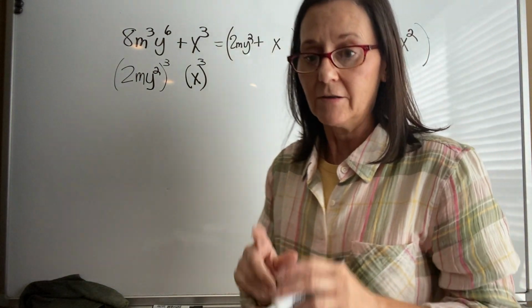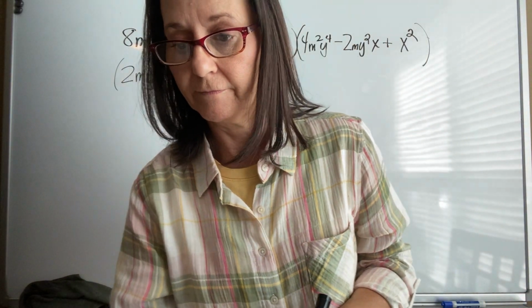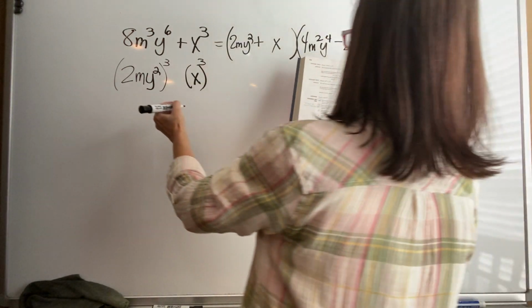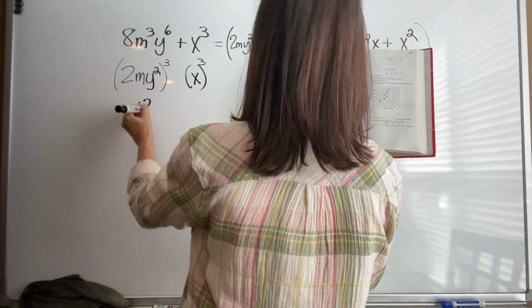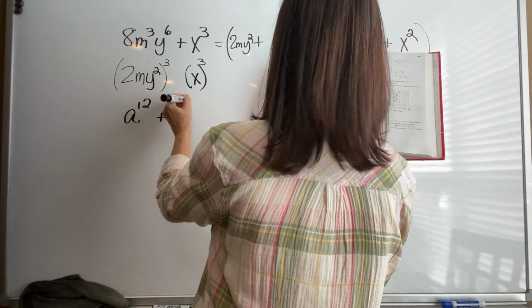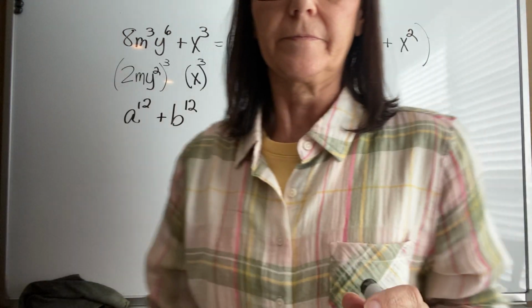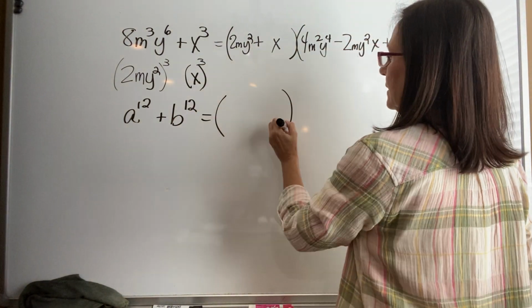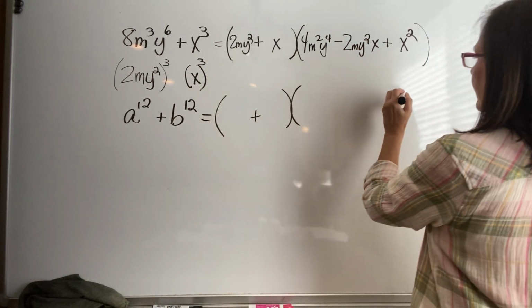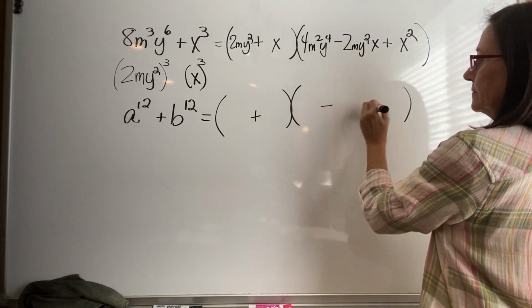Now, last example. It says factor a to the 12th plus b to the 12th. It's plus, so it's going to be plus minus plus.